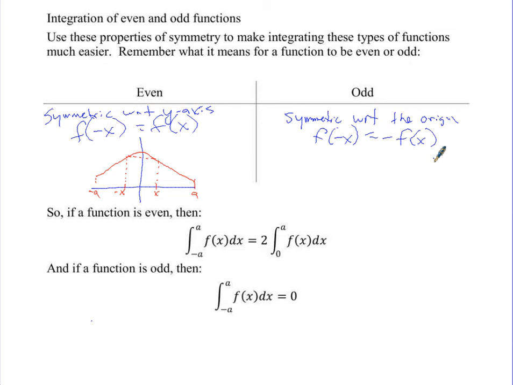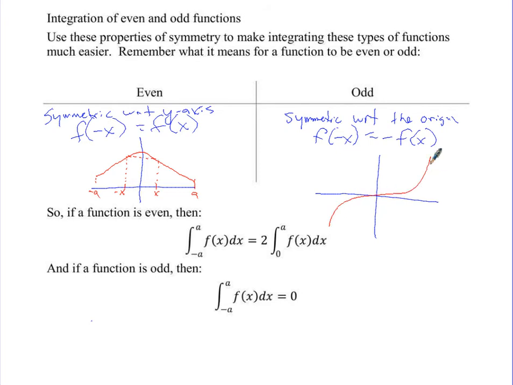So think of this as the y-axis again right here. I have my negative x values here and my positive x values here. If I take some sort of negative x value, I will get the opposite sign y value that I had over here. It's going to be a little bit clearer if I draw a picture. I'll try to draw some sort of standard looking odd function.